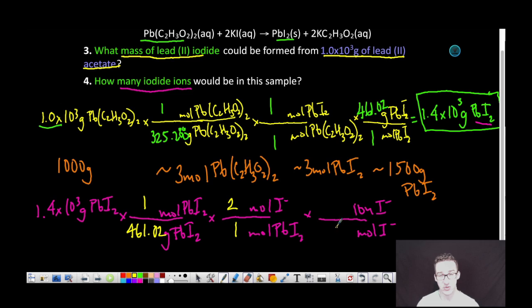And then to get the actual number of ions, you have to go back to Avogadro's number. So 6.02 times 10 to the 23 ions. And so when you solve this using your calculator or your brain, you're going to get 3.7 times 10 to the 24 ions of iodide.